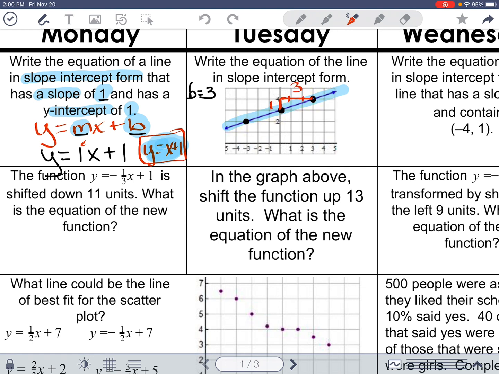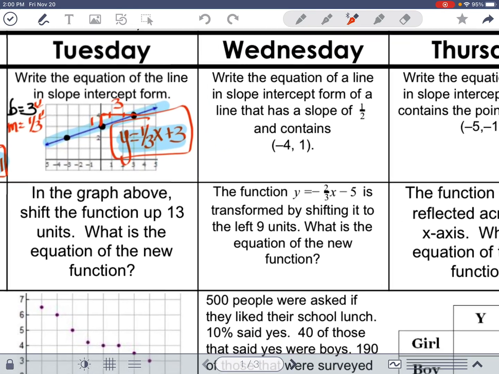So the slope here, the m, is 1/3. And if I look at that line, I do see it has a positive slope. So now I'm going to take these two bits of information and plug them into this formula. So I'm going to write y equals 1/3 x plus 3. And that would be your answer.